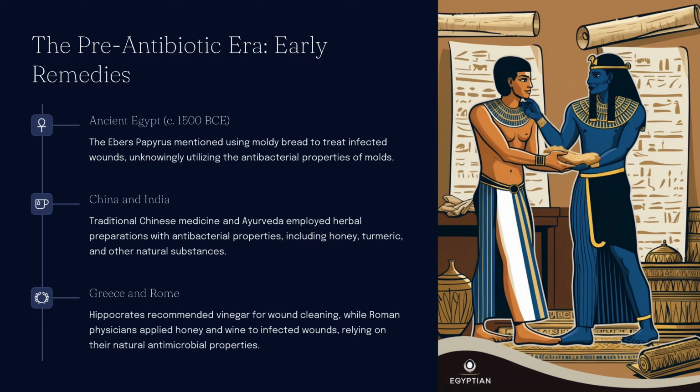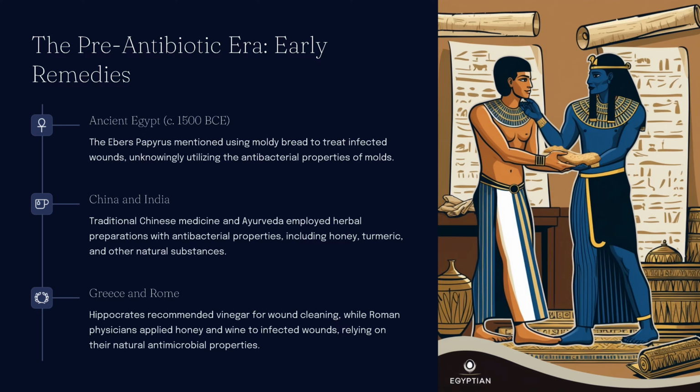In China and India, in traditional Chinese medicine, herbal preparations containing plant-based compounds with antibacterial properties were widely used. Similarly, in India, Ayurveda, the ancient Indian system of medicine, advocated the use of honey, turmeric, and other substances known to possess antimicrobial activity.